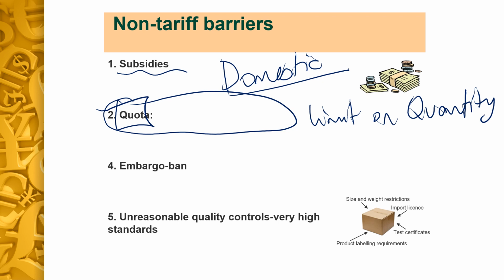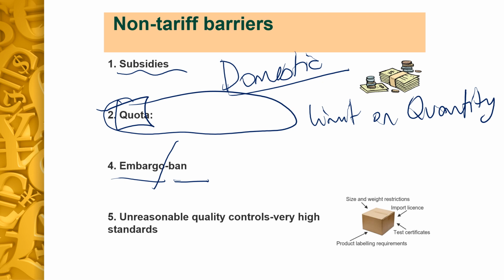The third one would be an embargo, or I can consider it a ban. So it's either or. So what does this mean? There would be a ban on the imports of products from overseas countries. It is not allowed to enter this country, this particular brand, or we do not want to import from that particular country.